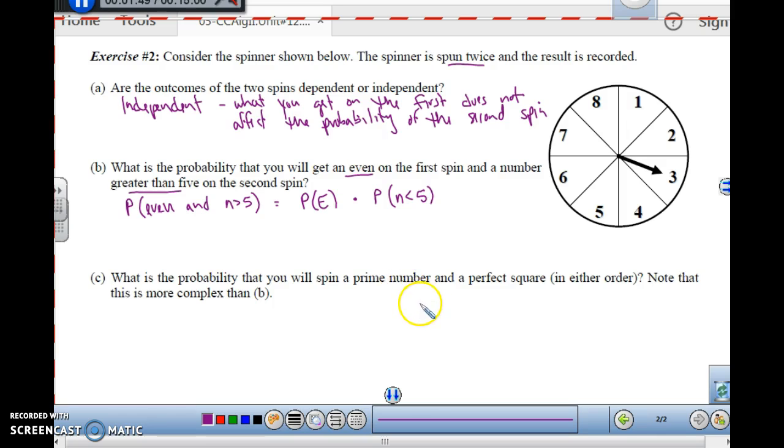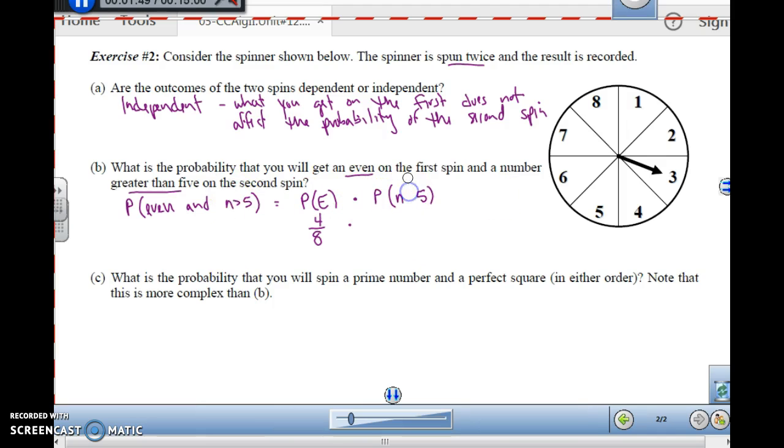What is the probability of getting an even number? Well, let's see. We have 1, 2, 3, 4 even numbers out of 8. So your probability is 4 out of 8. The probability of getting a number greater than 5, sorry, I had the wrong one.